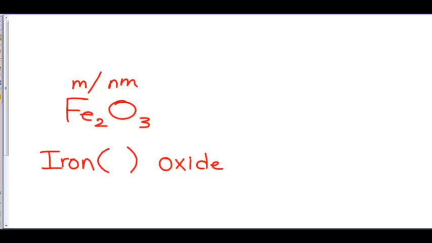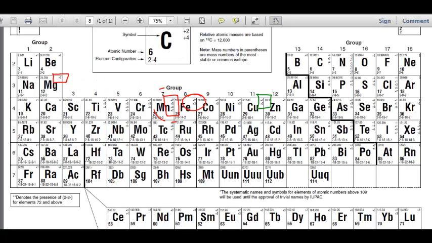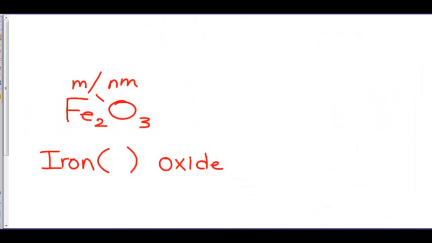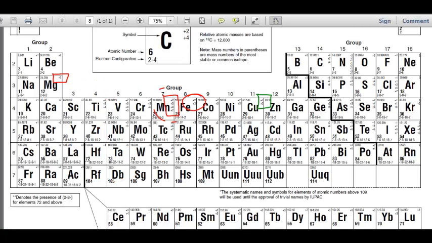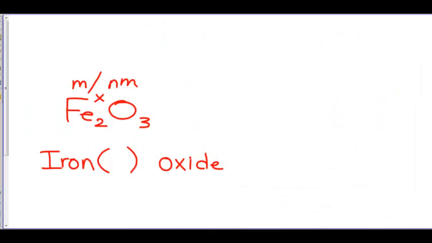Okay? Again, iron, if you look back in the box, can either be +2 or +3. We don't know which one it has, so we give the metal the X. When the metal has more than 1 charge, we make its charge X. Okay? Oxygen's charge is -2. So we'll go back here. Oxygen's -2. Okay?